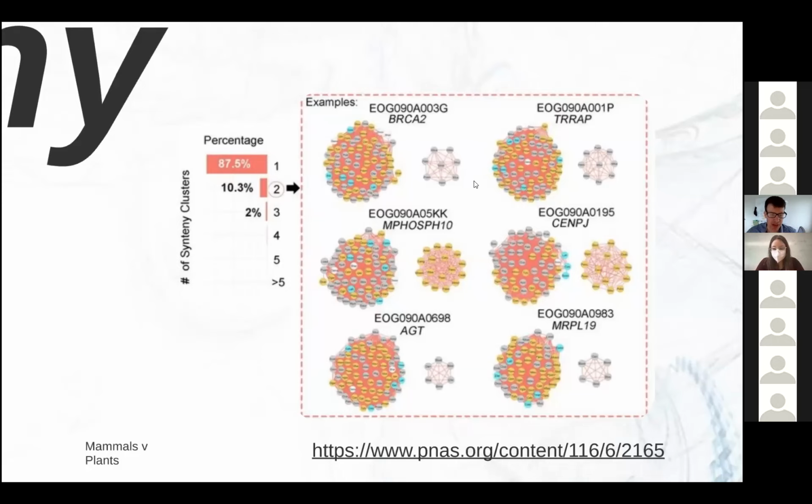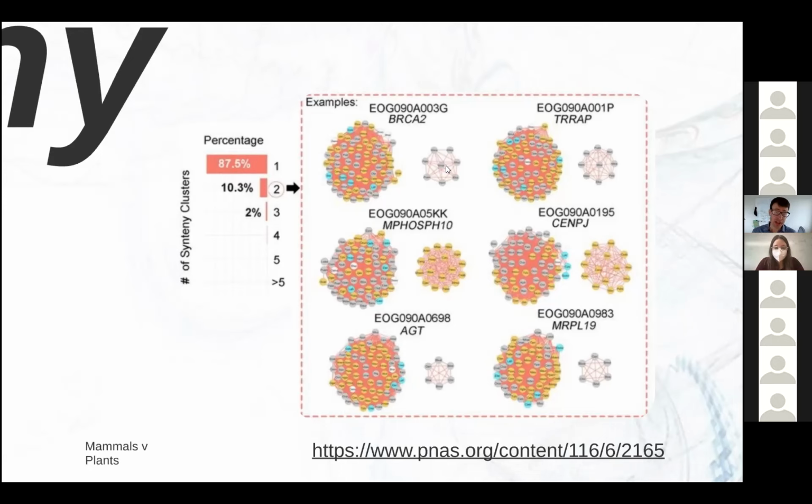Here are some examples of those: BRCA2, TRAP2, SNPJ. What they're showing is that the cluster on the left, like in the majority of mammals, they have these neighbors, but in other mammals, they have this other set of neighbors. And so they've switched. They've gone to a different lunch line, basically.